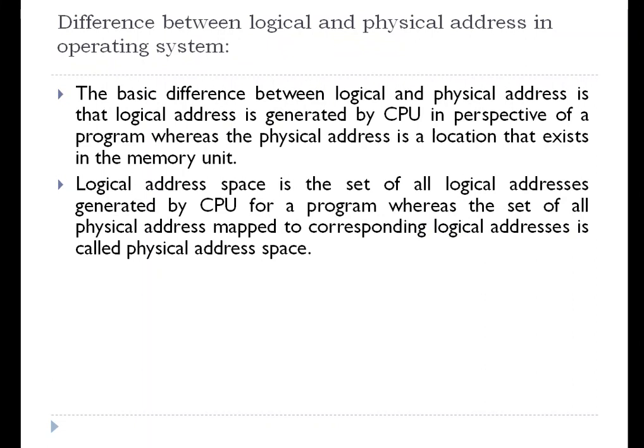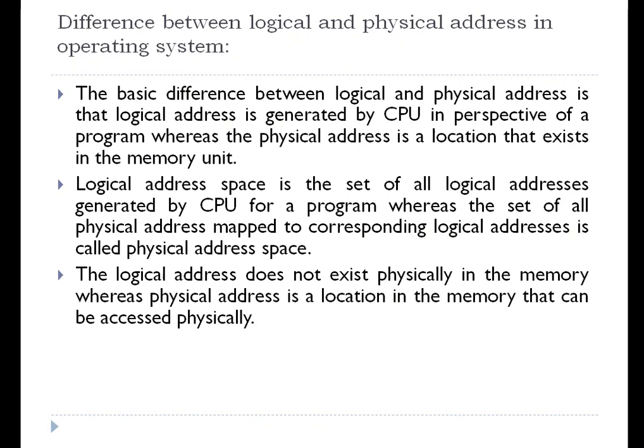So this logical address will then be mapped to, or converted to, the actual physical addresses, and it is known as the physical address space. So the set of all logical addresses generated by the CPU, that is the logical address space, will get mapped physically to the physical address space or the set of physical addresses.